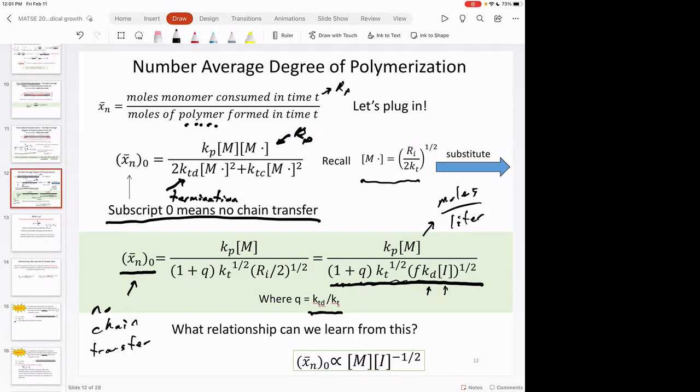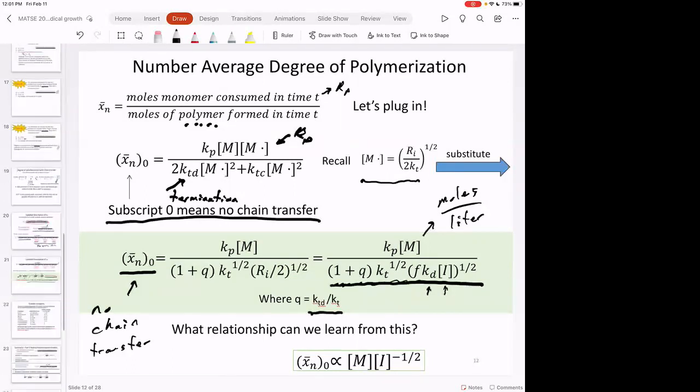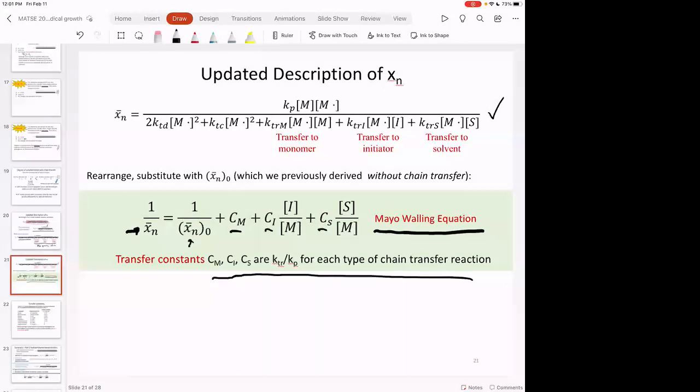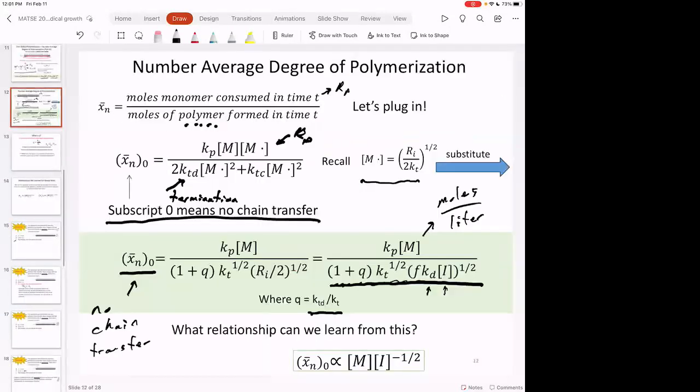Yeah. So that's a key point, that both of these are hard to calculate, right? X bar n from the Mayo-Walling equation, and I'll give you an example here in a second, but X bar n0 is also difficult to calculate because you either need to know something about what the molecular weight would have been without chain transfer, or you need to have all of this information to be able to calculate X bar n0 on your own.